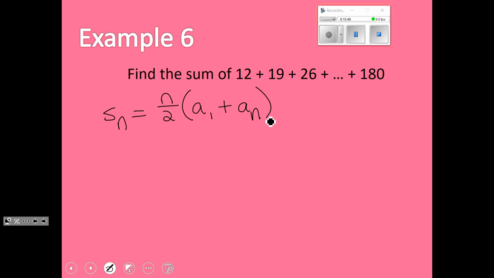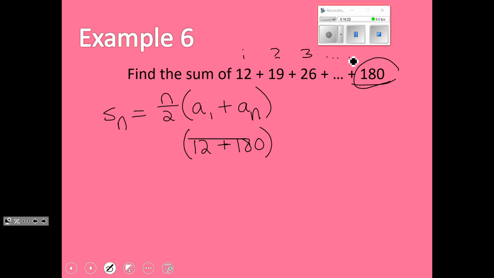We know our first term is 12. And we know we're going all the way to whatever this term is, so we know that's 180. The issue is you don't know, this is your first term, this is your second term, this is your third term, dot, dot, dot. There are a whole bunch of terms before you get to 180. So my question is, what term is 180? We need to figure out what n is.